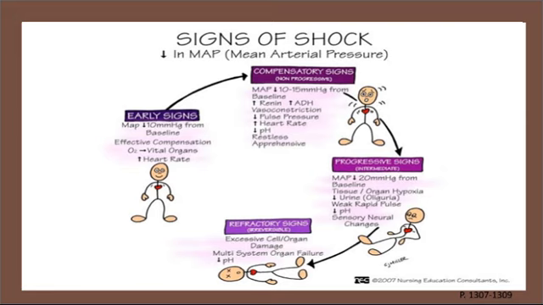So instead of being 110 or 120 over 70, you get a narrowing pulse pressure. We were 110 over 60, 108 over 60 when you're getting in trouble. 110 over 60, all of a sudden we're 100 over 60, 90 over 60, a lessening pulse pressure.